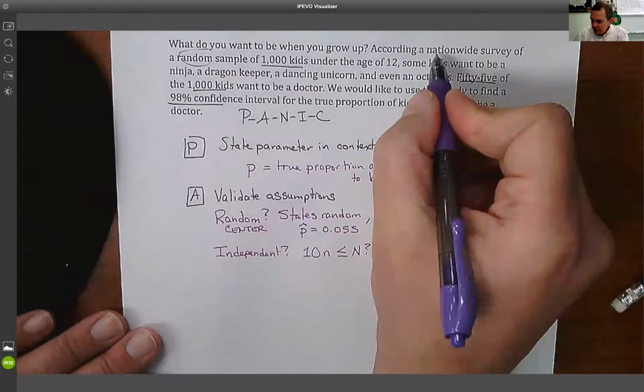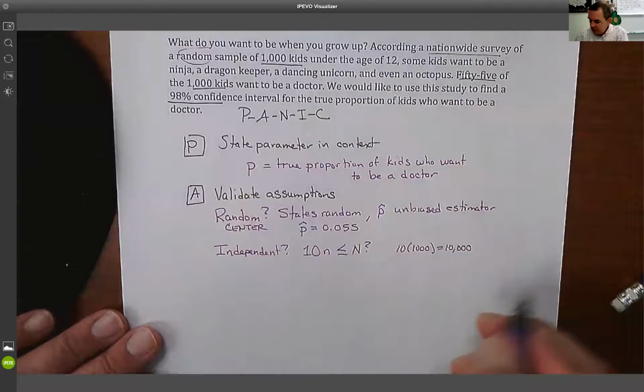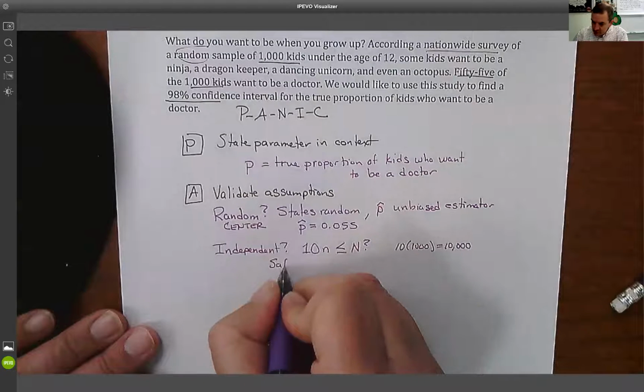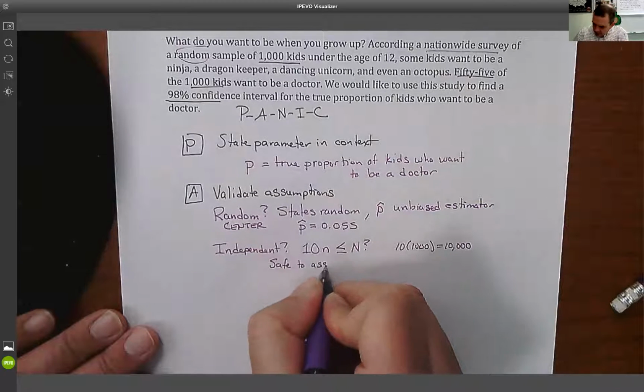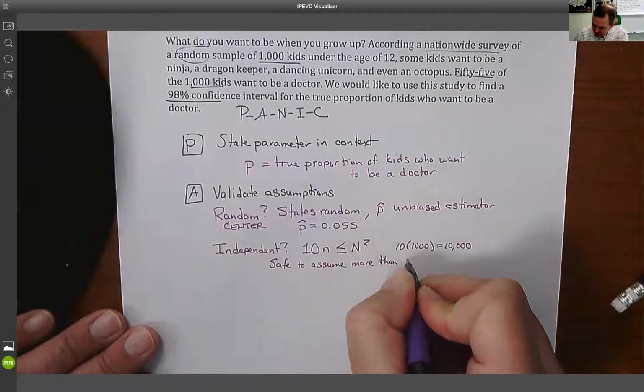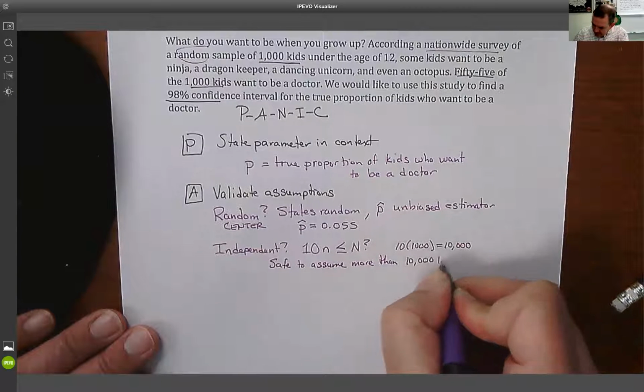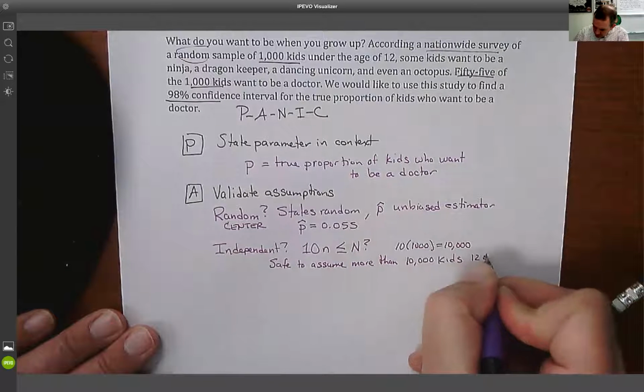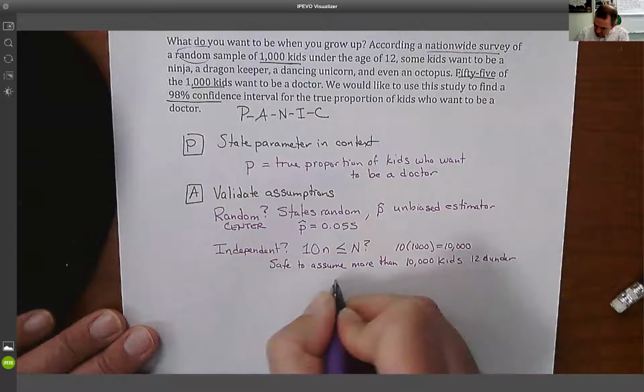It's a nationwide survey of kids under the age of 12. I think it's safe to assume there are more than 10,000 kids 12 and under nationwide.